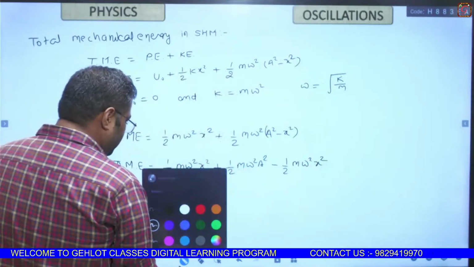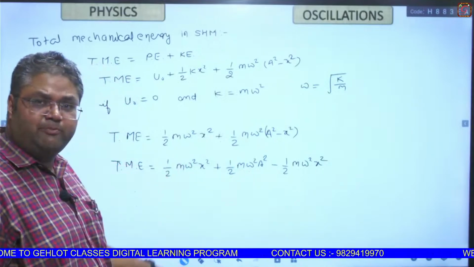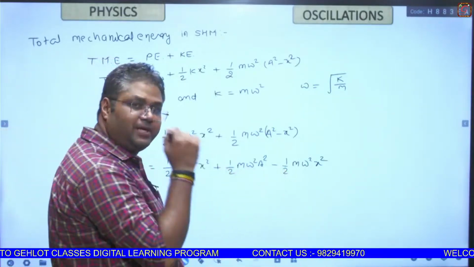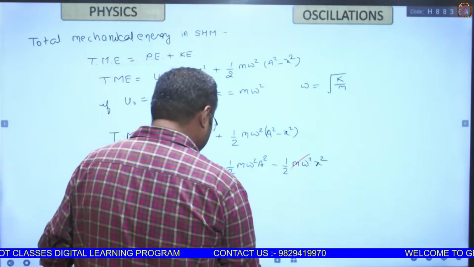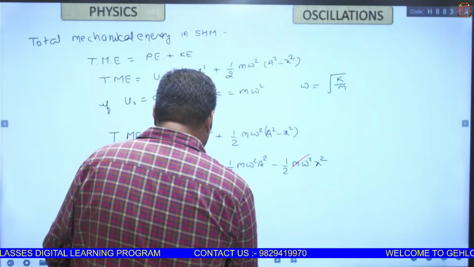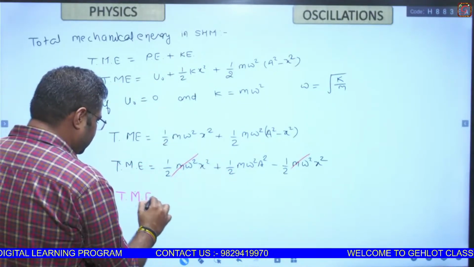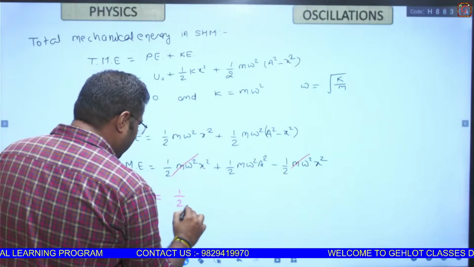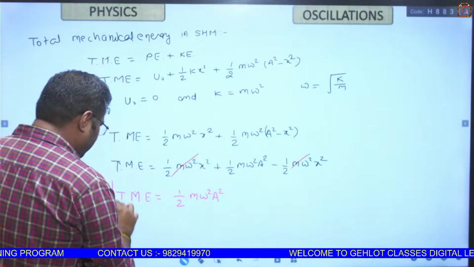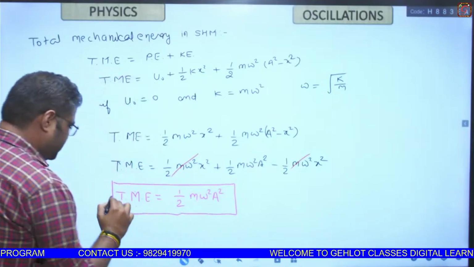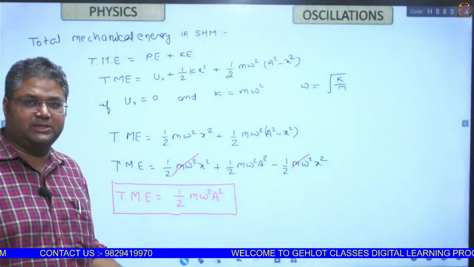We can clearly see that half m omega square x square in positive sign and in negative sign cancel. So the total mechanical energy becomes half m omega square a square.